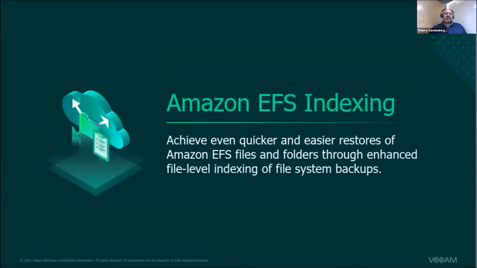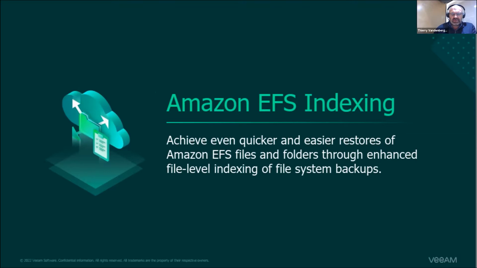Another new thing is that we already could do the backup of the Elastic File System, but now we have a full indexing service built in the product. So Veeam will be indexing everything you back up from the file system, which will guarantee you faster restore possibilities.